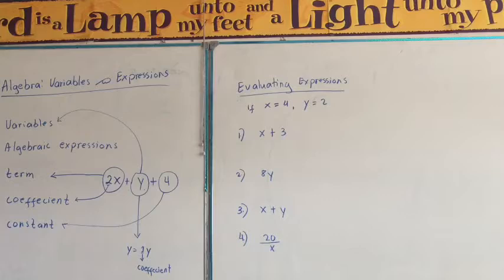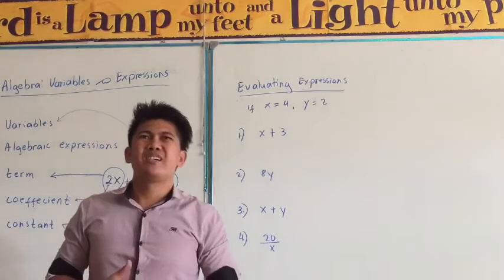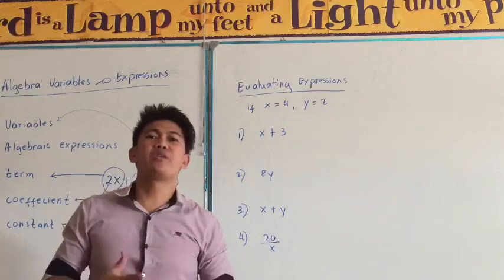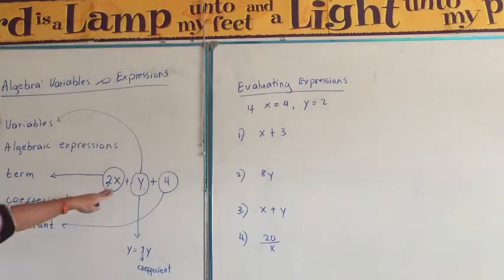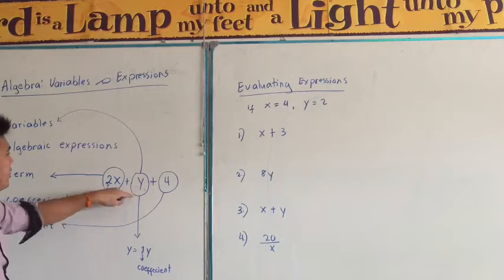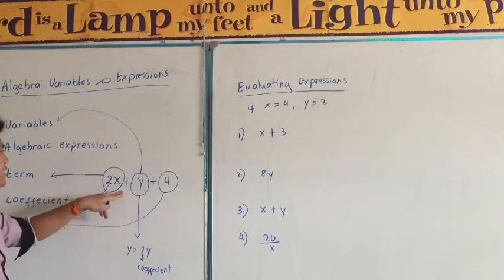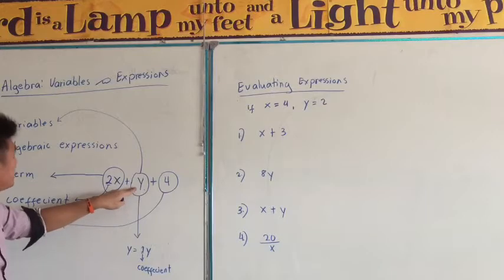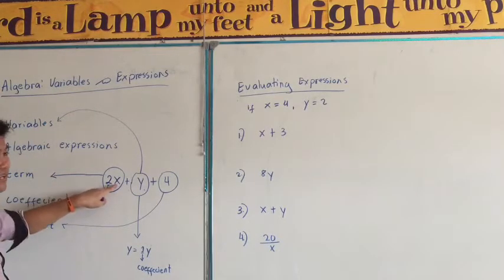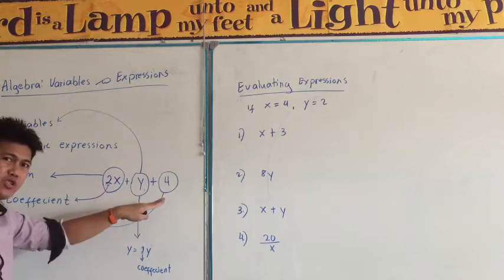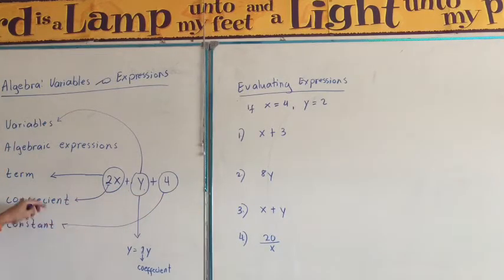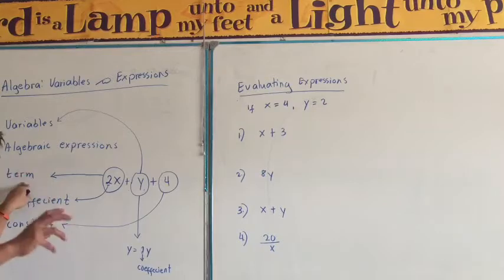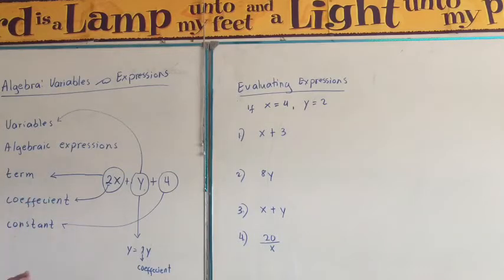The third vocabulary is term. What is a term? It is an algebraic expression separated by a plus or minus sign. In this example, our expression is 2x plus y plus 4. You see, y is our variable, and x is also a variable in this expression. When we say term, it is a part of the algebraic expression that is separated by a plus or minus sign.